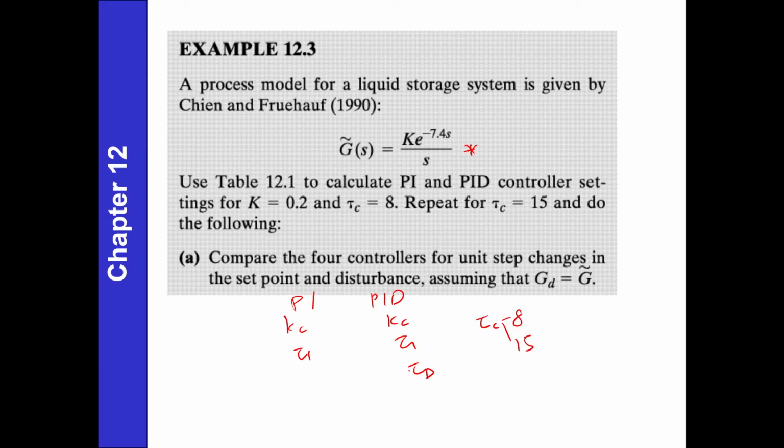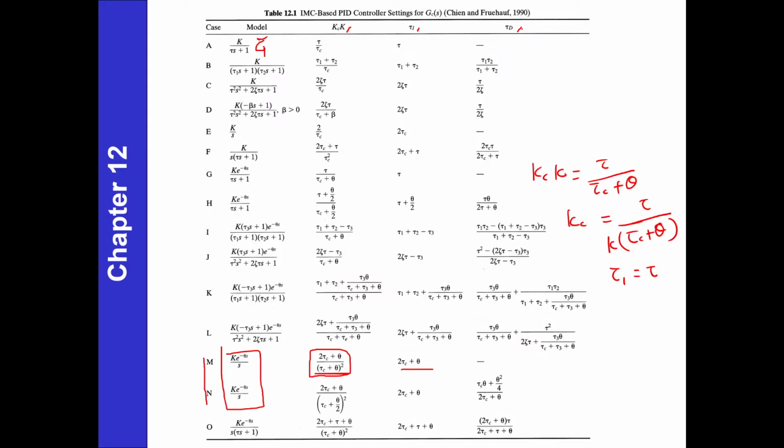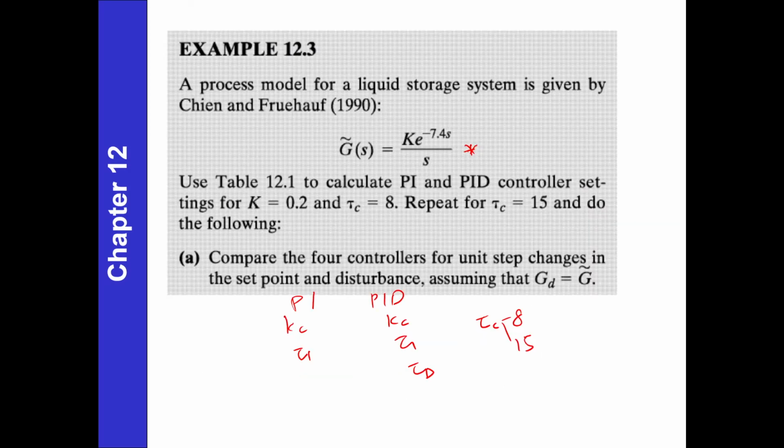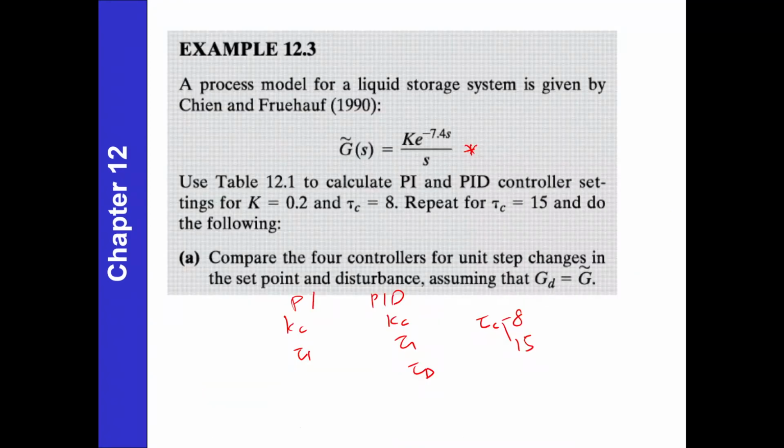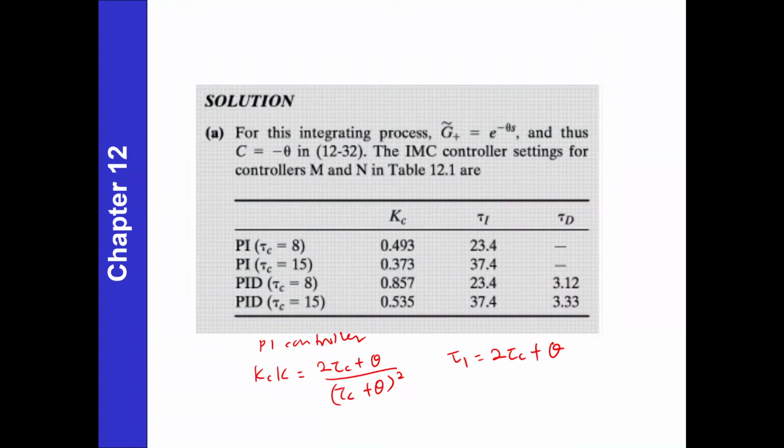Okay, am I right? And tau I is equal to 2 tau C plus theta. Then we just substitute.